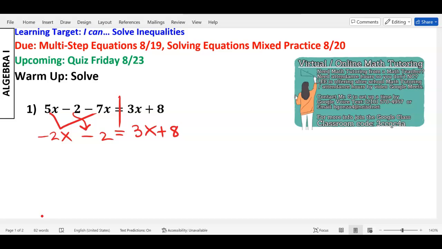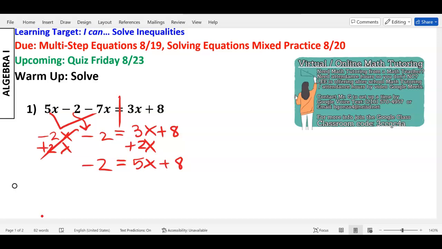Well, 3x, the other one is negative 2x. Which one's smaller? Negative 2x, right? The opposite of negative 2x is adding 2x to both sides. Now, careful, when you bring this down, again, it's negative 2. 3x plus 2x is 5x. And then bring down plus 8.